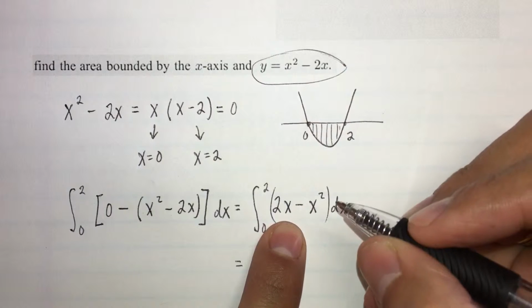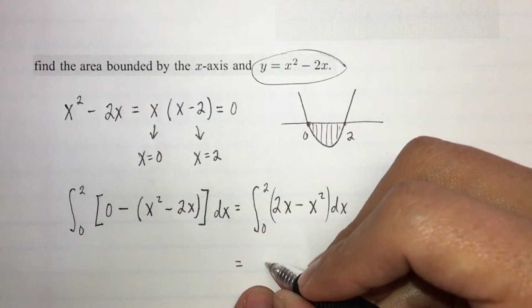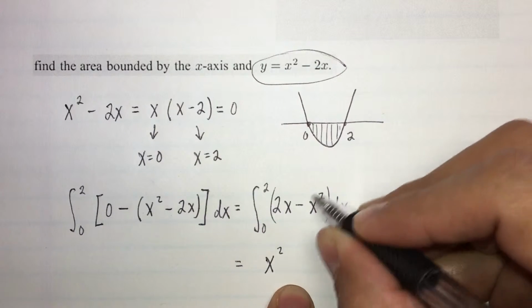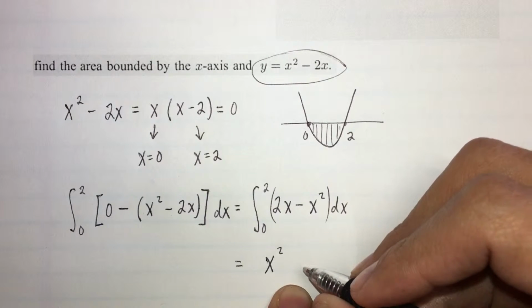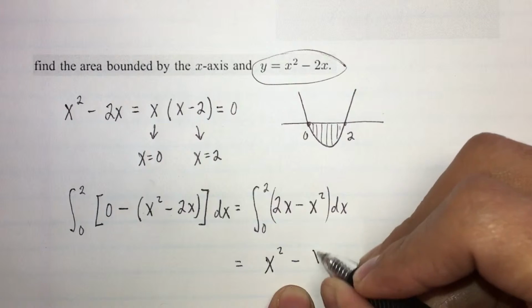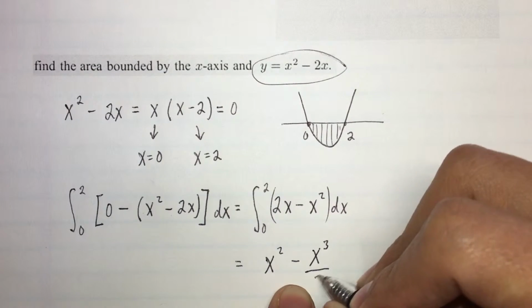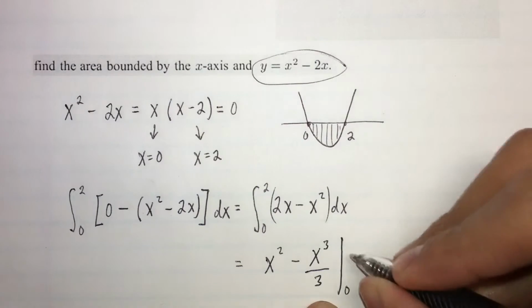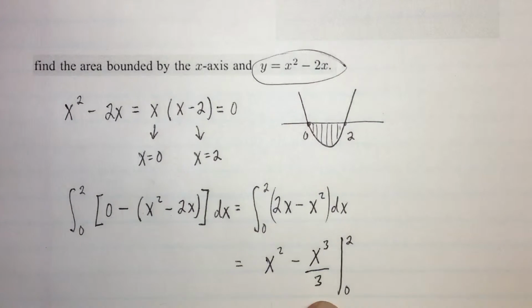So the antiderivative of 2x would be x squared, and the antiderivative of negative x squared is negative x cubed over 3. And we have to evaluate from 0 to 2.